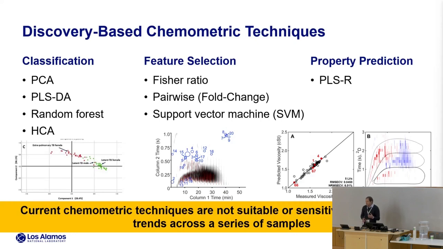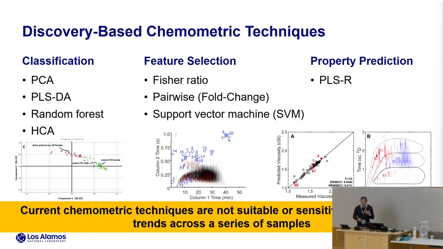Second, feature selection, where we can hone in and look at the chromatograms and say, hey, this compound is changing across, or I ran this experiment where I changed something biologically, how do the metabolites change? Third, property prediction, where we say, I have this chemical information that I obtained from GCxGC in this case, and I want to predict the properties of rocket fuel.